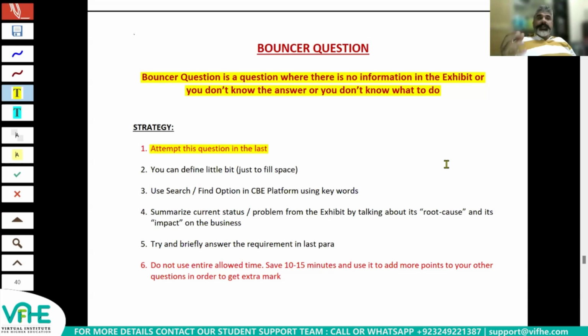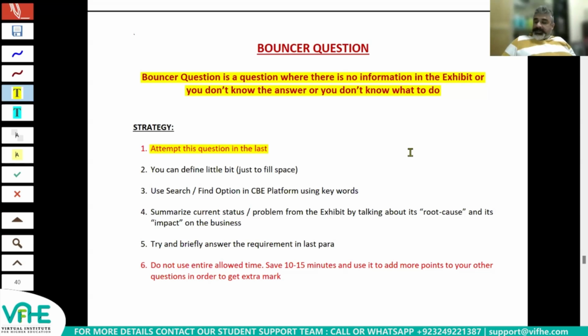A good CFO is always street smart and cunning. He knows where to spend time and where not to spend time. So your mindset and these techniques matter a lot. All right.